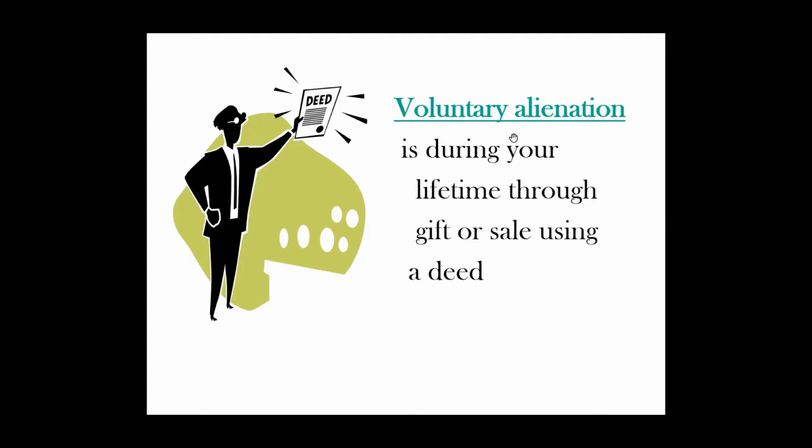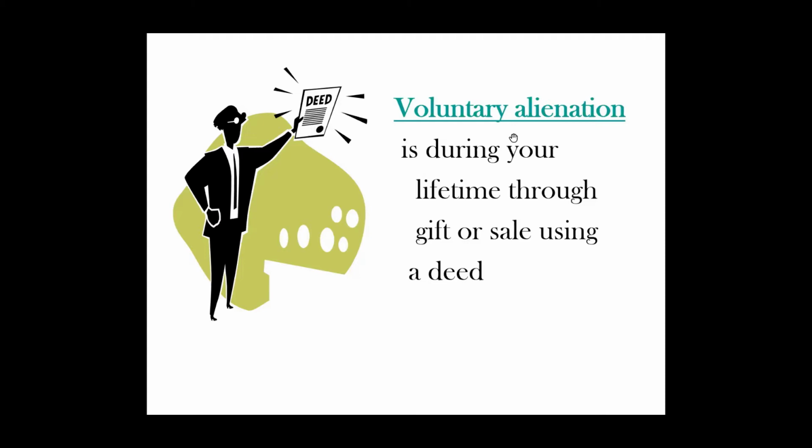Okay. The person who is transferring their rights on a property is known as a grantor. So where you see grantor, that's the person transferring. Normally in a real estate transaction, grantor is the seller, and then grantee is the buyer.